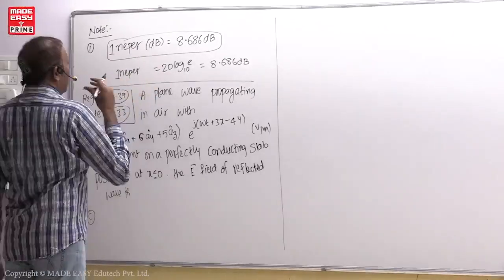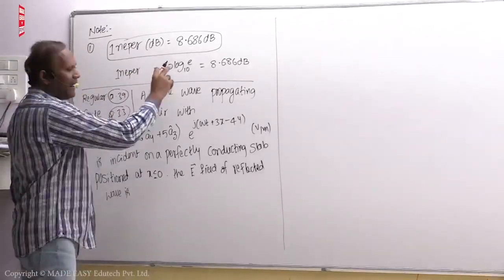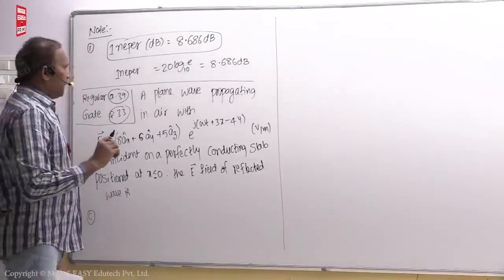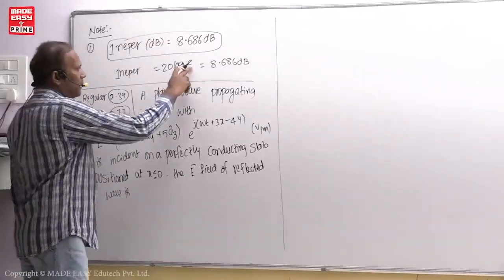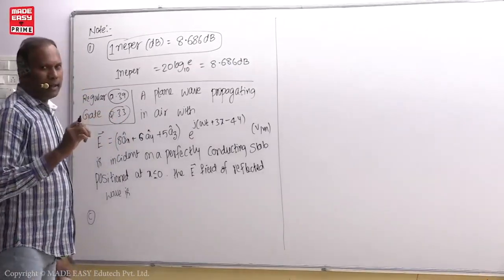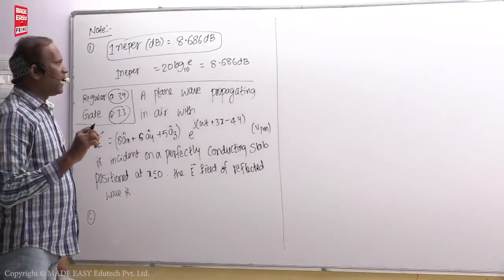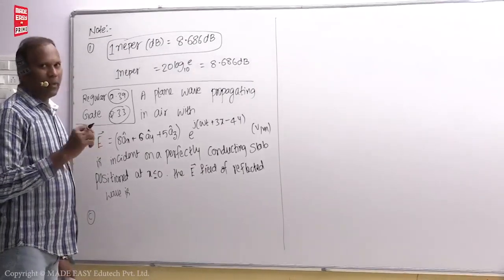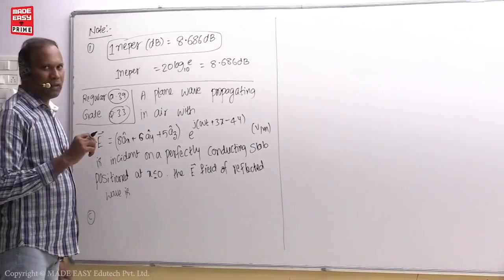You remember this one. Actually, one neper means e. This e is 2.71. Actually, this e comes in electric fields and magnetic fields. You have seen in the electric field E_A0 into e power minus alpha z, e power, e was there. So e is 2.71.